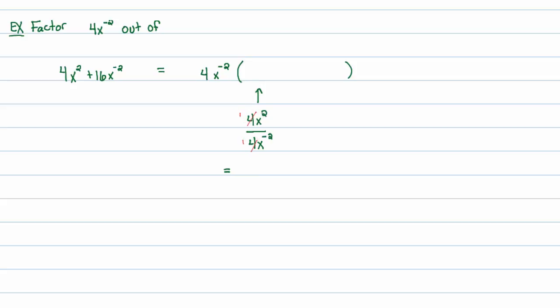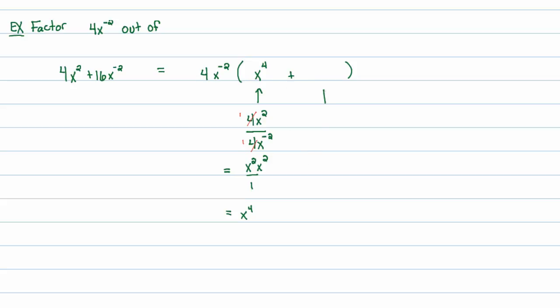And x squared over x to the negative 2, well, let's see. The x to the negative 2, I can take the negative off the exponent and pop that up top. So it becomes an x to the positive 2 up top, and then combine those two to become x to the fourth. So this first term is now x to the fourth because I divided out a 4x to the negative second.